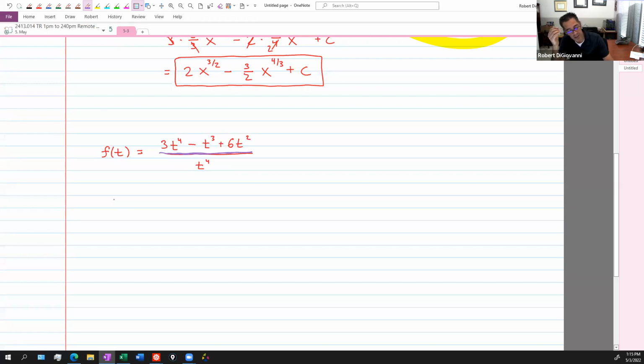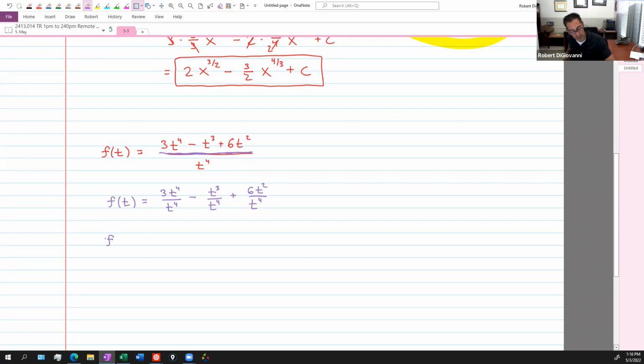We get lucky in the sense that we have a single term in the denominator. So I am free to rewrite this with each term in the numerator divided by the denominator. And that's just properties of fractions, right? I'm just pulling this fraction apart. I have not found the antiderivative yet.